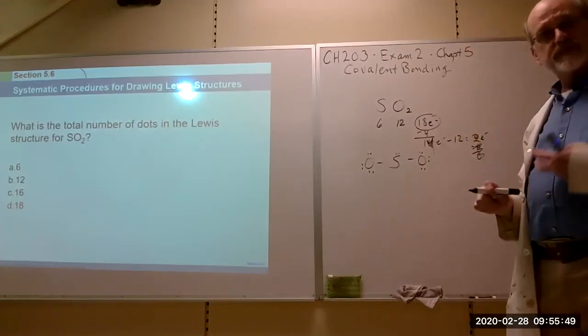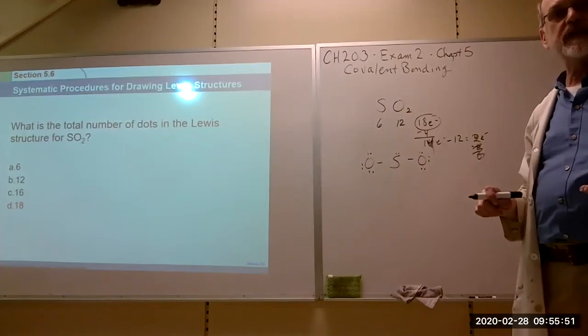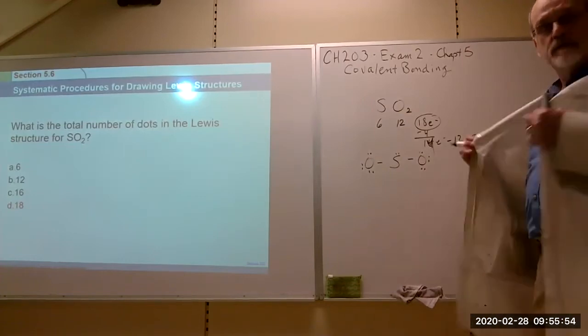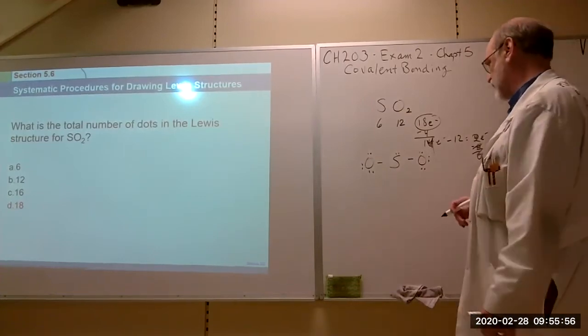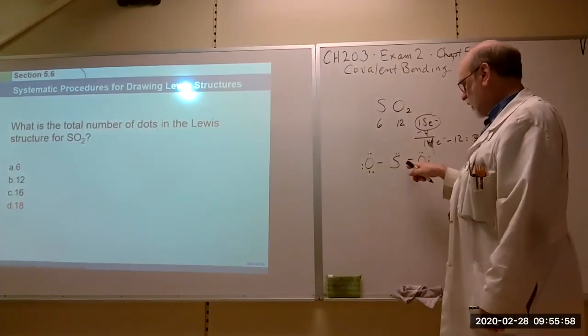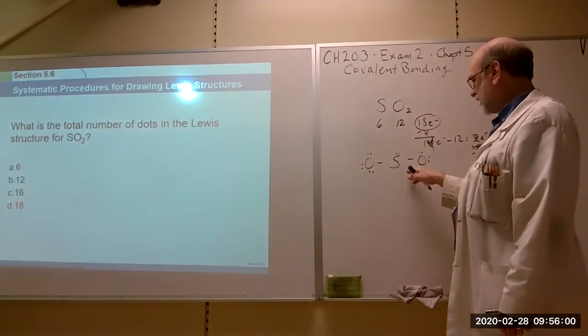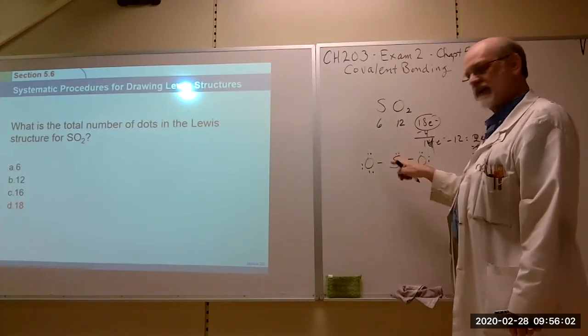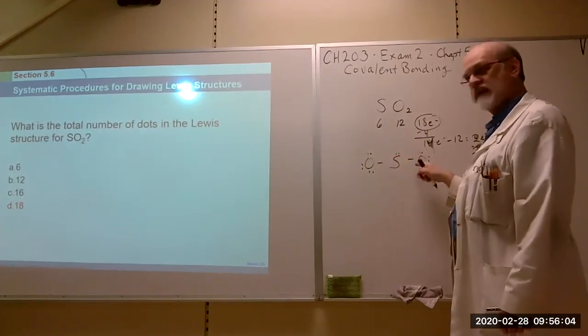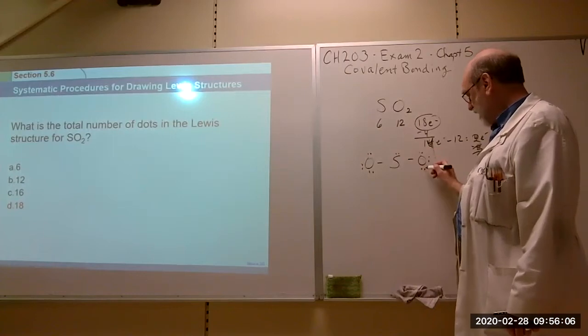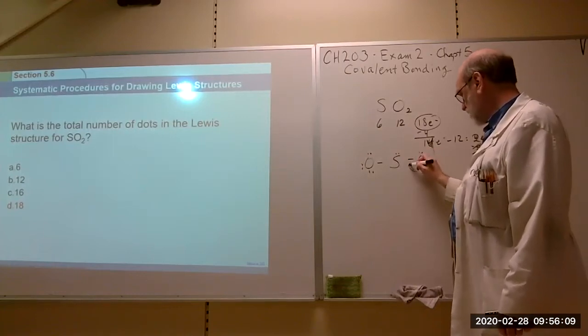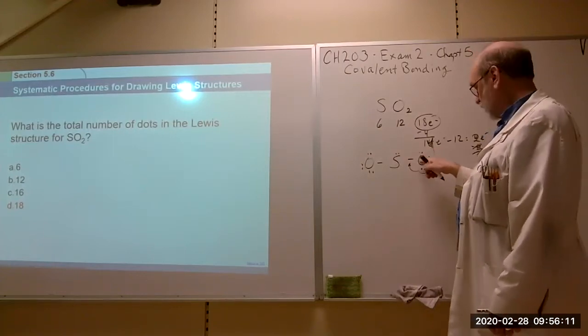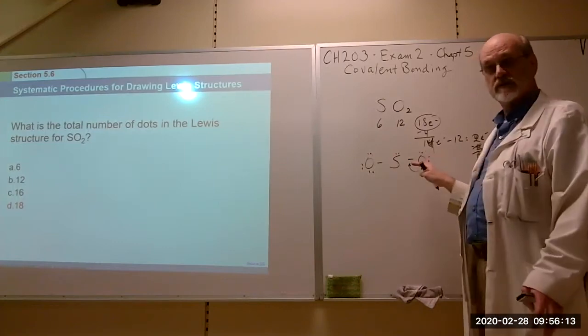But if we're going to finish this Lewis dot structure, sulfur needs an octet if we can get it for it. So how do we do an octet for sulfur? Well, if we make another bond with maybe 2 of these, then we still got 2, 4, 6, 8 for that oxygen.